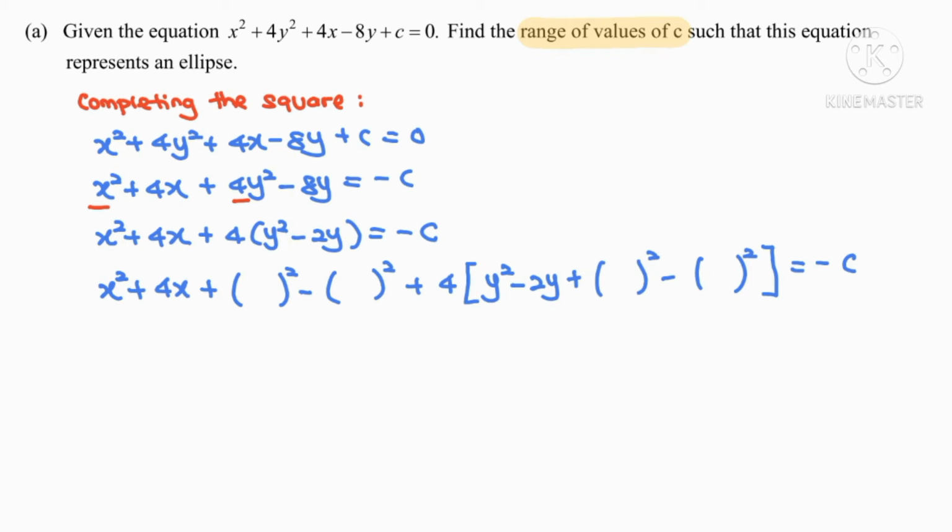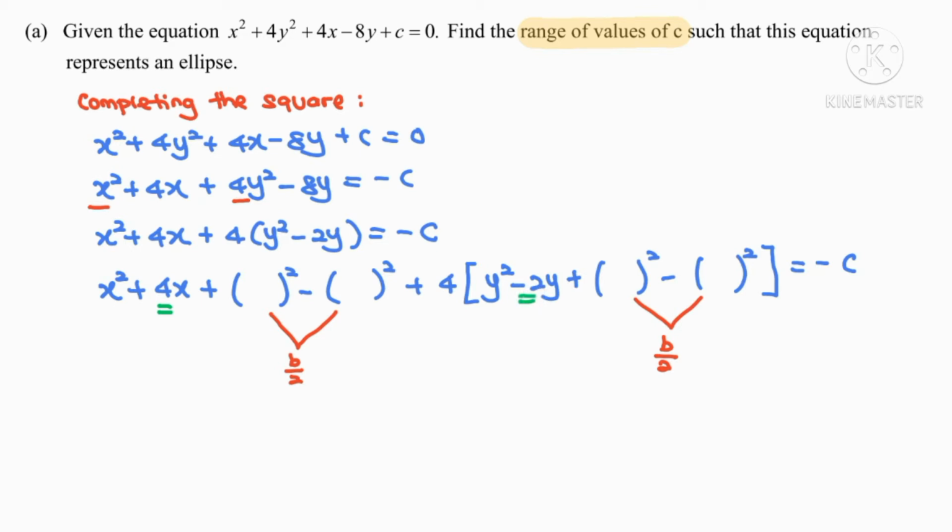The constant here refers to b over 2, where b is the coefficient of x. So the value of b for the x term is 4, and the value of b for the y term is negative 2.